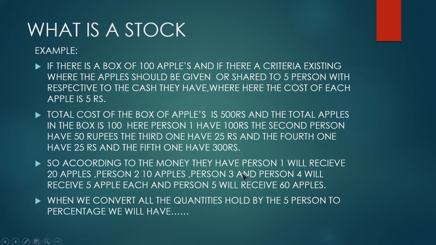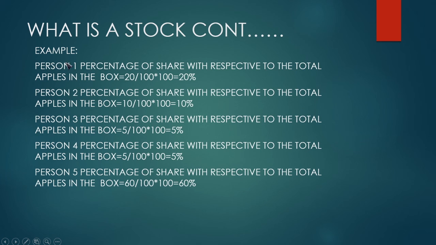Now when we convert the quantities held by the 5 different persons to percentages, person 1 has 20 apples, person 2 has 10, person 3 and 4 have 5, and person 5 has 60. Person 1's share with respect to the total apples in the box: the total apples in the box is 100, he has 20.